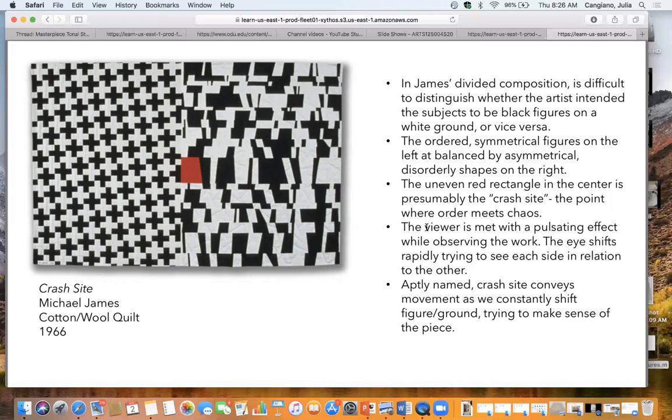But it's constantly shifting the figure-ground relationship, and we're just trying to make sense of the piece. And then of course we have this red in the middle, and that is just adding to it. I'm not sure what that is. It's this visual dissonance that's happening with the black and the white, and then the addition of the red. I don't know, it's an interesting kind of optical thing that's happening.